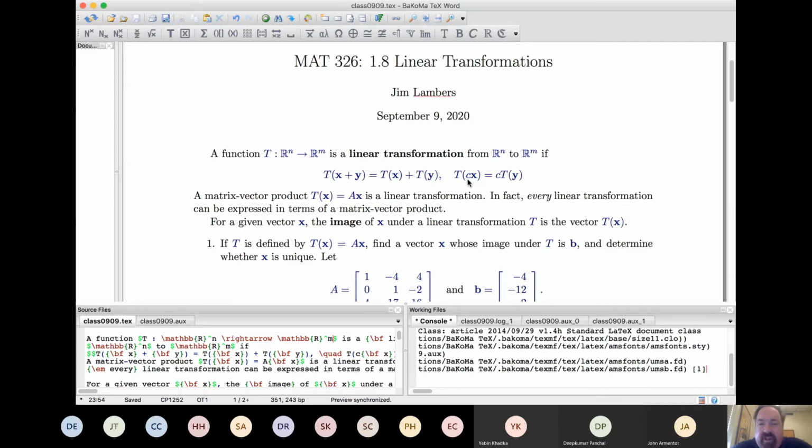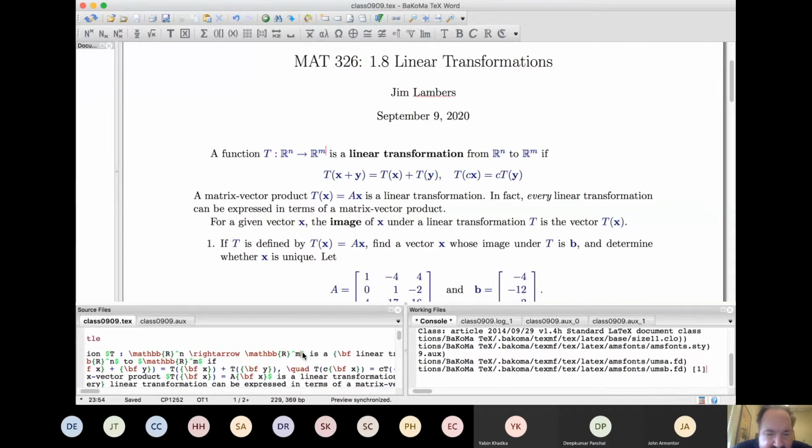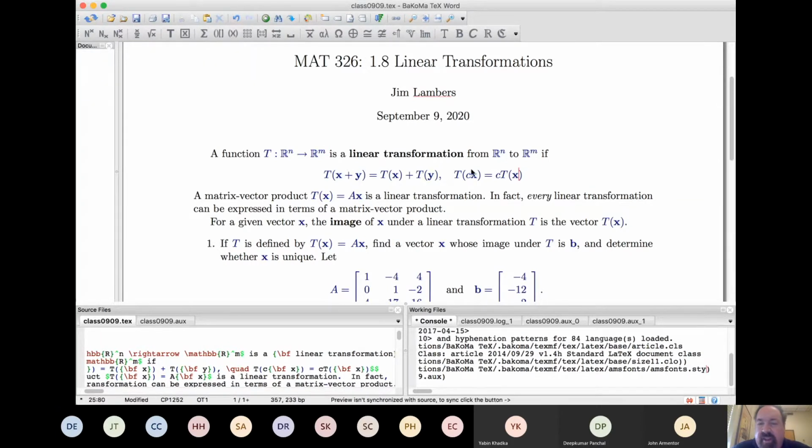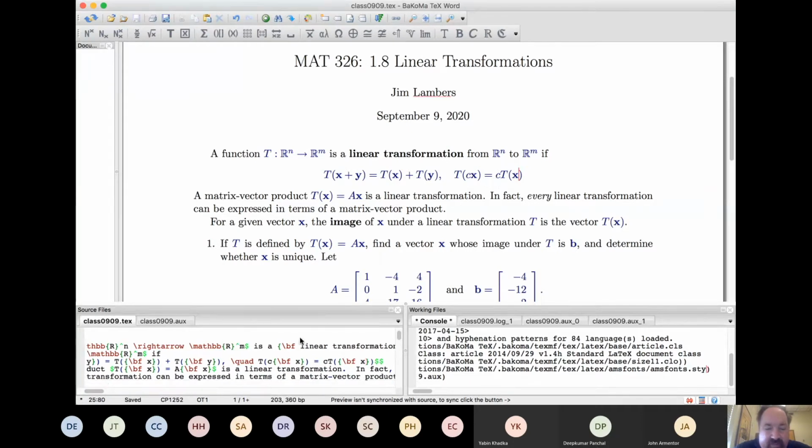Also, if you scale a vector x and apply the transformation to it, that's the same. Oops, typo. That should be x right here. It doesn't matter whether you multiply x by the constant and then apply the transform, or apply the transform and then multiply by the constant. The result is the same. So basically, constant factors can be pulled out. Okay.